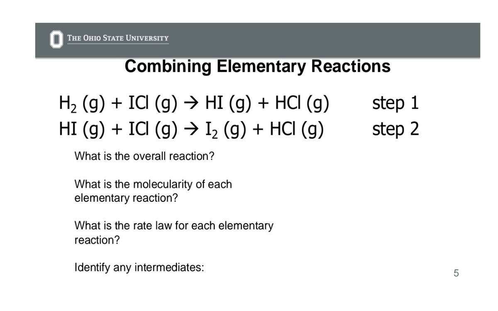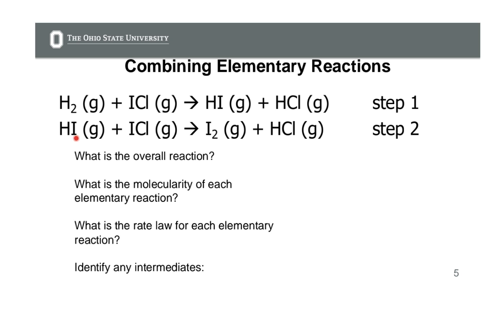So in order to write our overall reaction, I'm going to look at my reactants and my products and determine if there are intermediates, and if there are intermediates, I'm going to cancel them out and then add everything up. So in my reaction, I have H2 plus ICl forming HI and HCl in step 1.